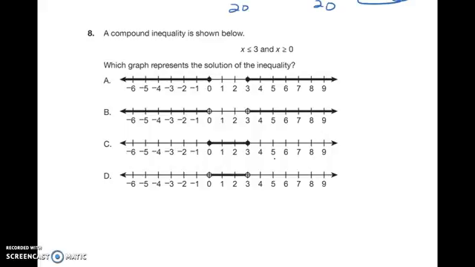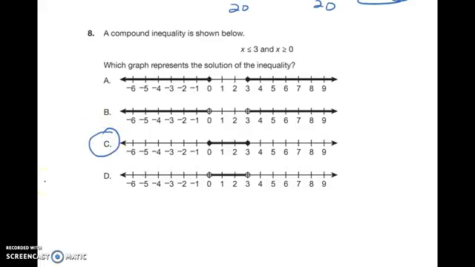That translates to a closed circle on your graph. Because we have closed circles and we have between 0 and 3, that tells us that C is the correct answer.